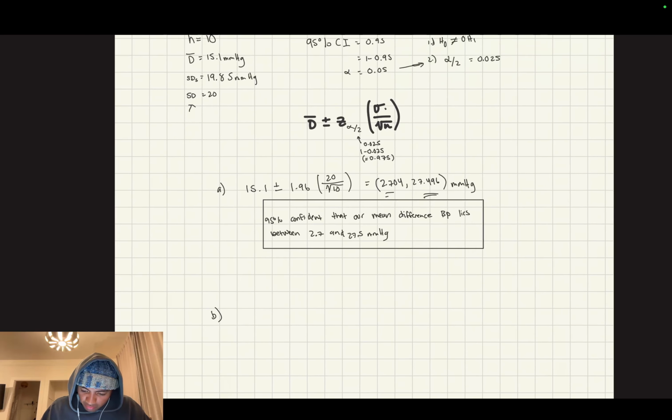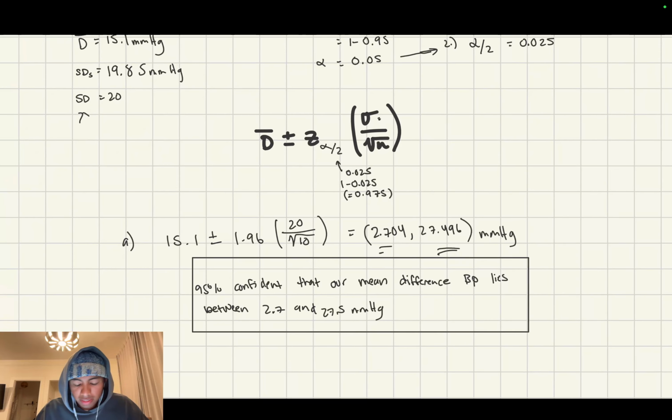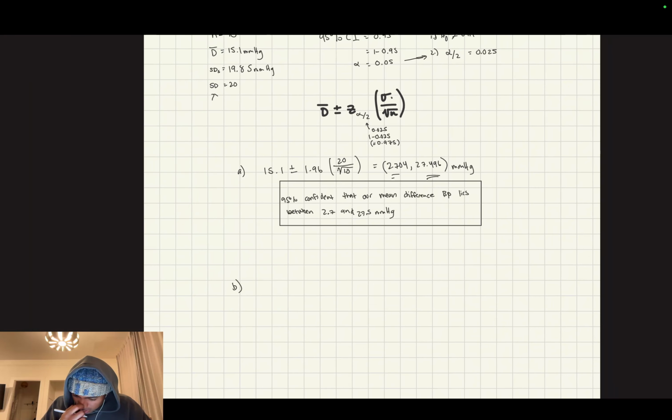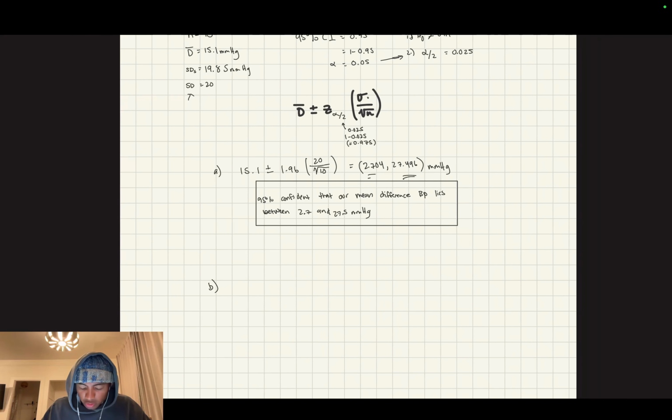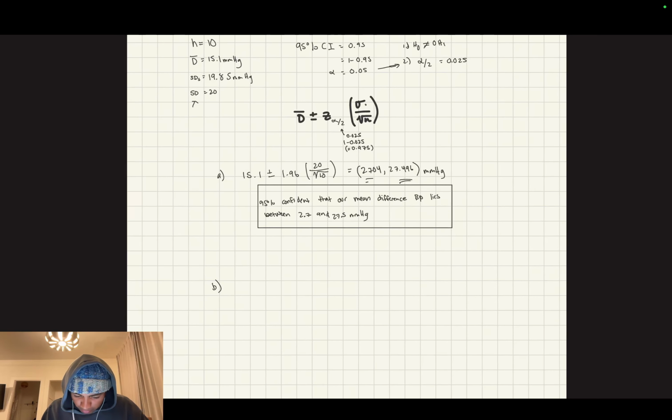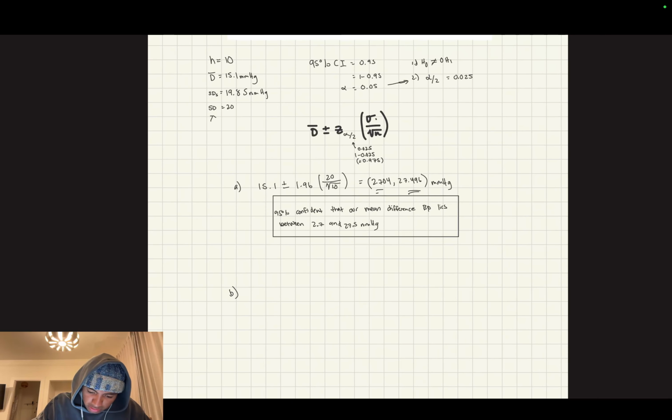From our main formula that we were using earlier, there's going to be a little bit of a difference since we're now using the T distribution versus the Z distribution. So let's take our knowns, copy them, and move them down here.